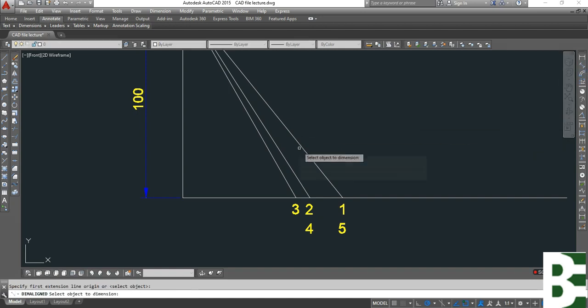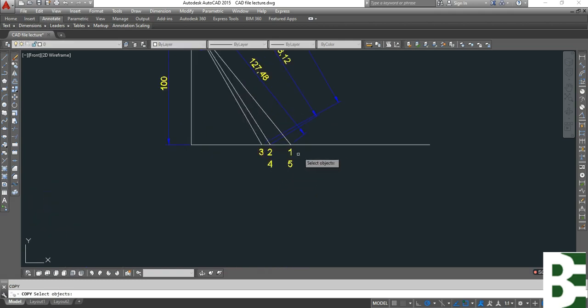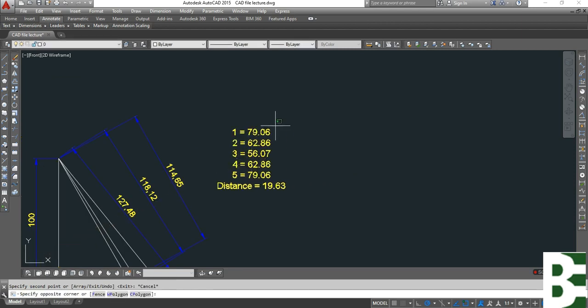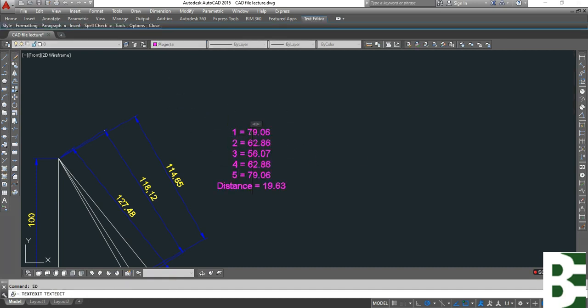Now we have all the dimensions, and I will make a table, and this table will be my final table from these dimensions. This is my table number 1. I will change the color for my table number 2.